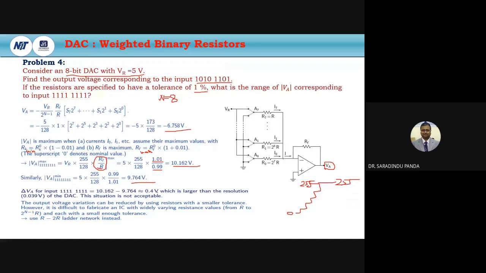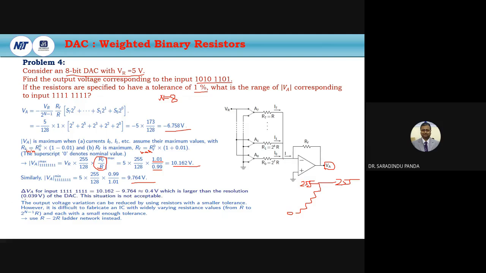Now the resolution is nothing but VR by 2 to the power of n minus 1 times RF by R. So we will get the resolution as 0.4. If we calculate with RF by R equal to 1 and put VR by 2 to the power of n minus 1, then we will get the actual resolution.